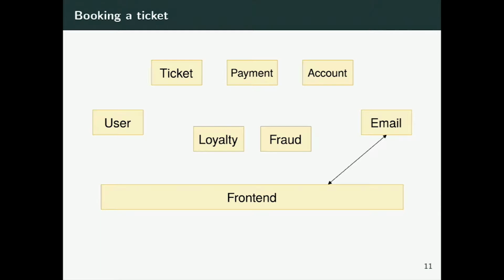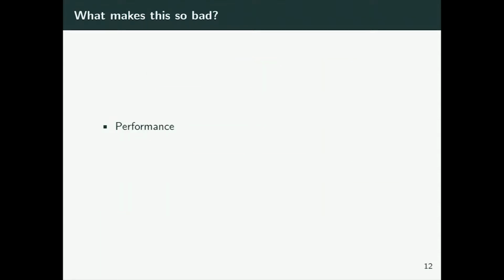That there is a huge distributed monolith. Okay, all you've done is you've got lots of modules in your code, and instead of having them contained in one codebase, you've distributed them across a network. Okay. What makes this so bad? The first thing you're probably going to notice about this, if you're making all those HTTP, TCP connections between your services for one user request, is that it will be really slow.